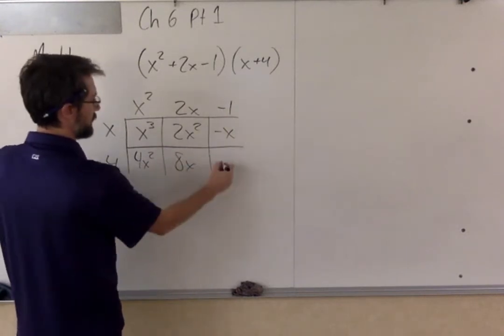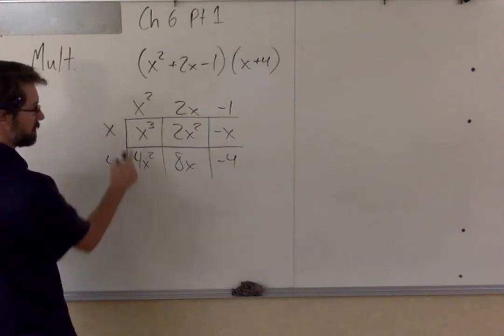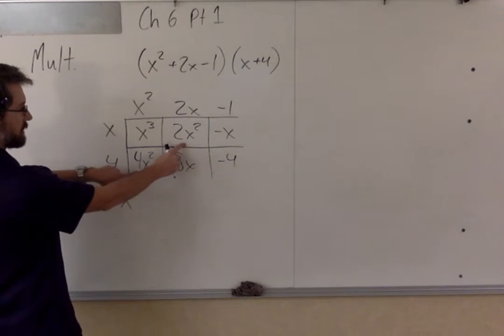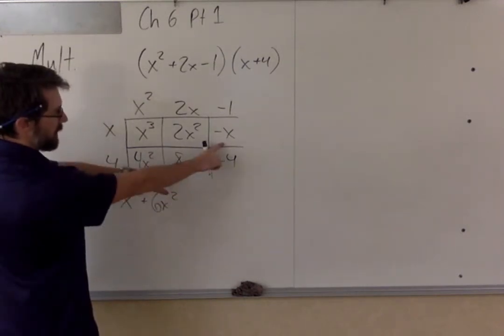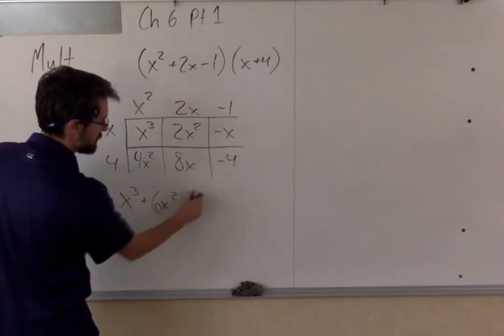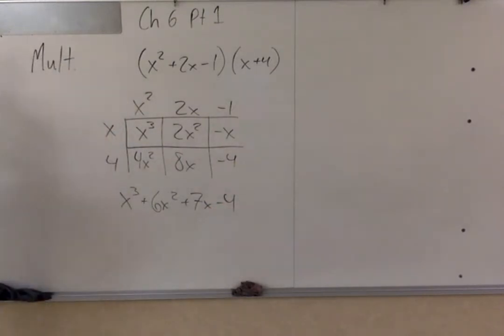And 4 times negative 1 is minus 4. Now I can just combine like terms. So x cubed is the only x cubed. I've got 2x squareds. 2 plus 4 is 6. I've got 2 x's. Negative 1 plus 8 is 7x, and then a minus 4 for my constant.